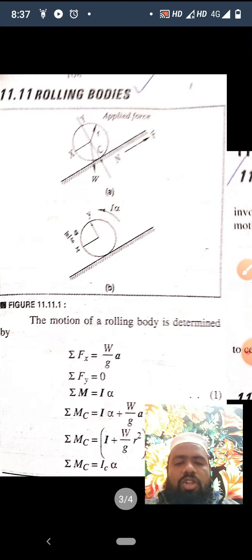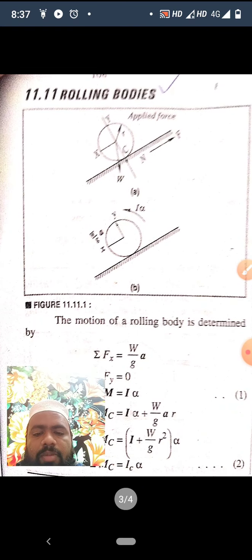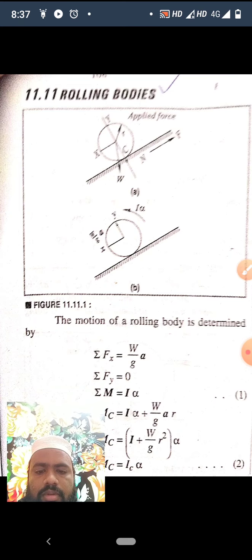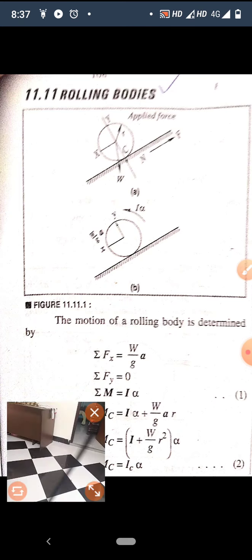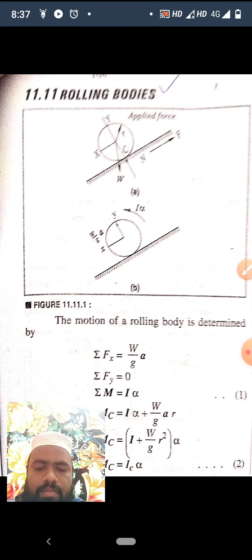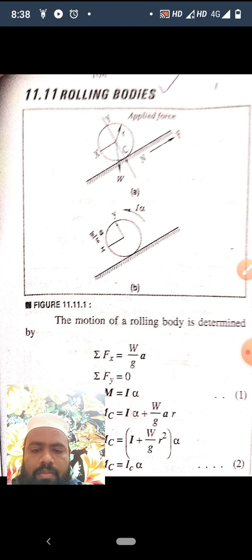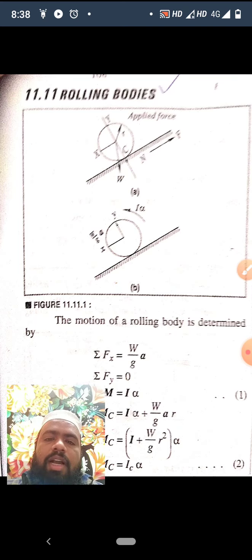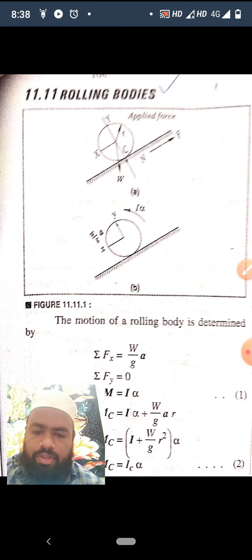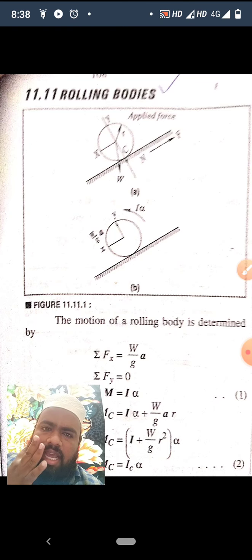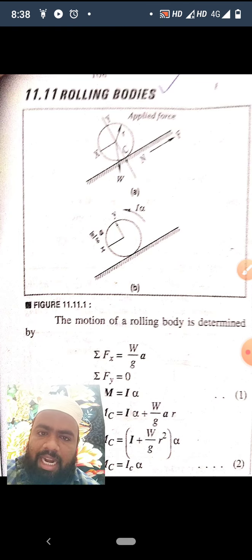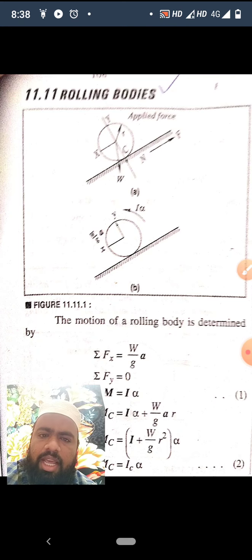Very good. So next, come to rolling bodies. If you clearly understand the concept in the above figure of rolling bodies, what is happening is a ball is rolling on an inclined plane, or a roller is rolling on an inclined plane.